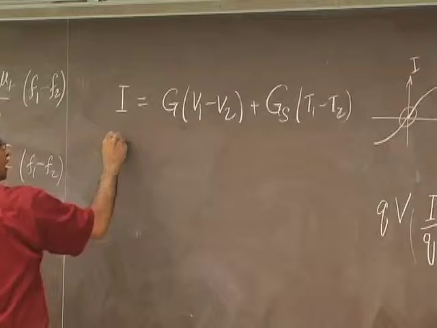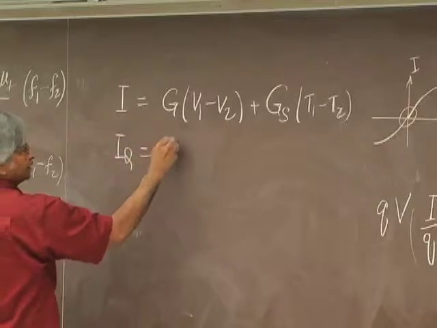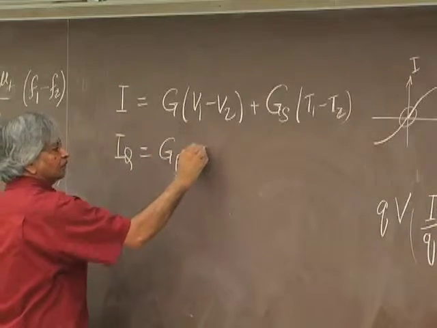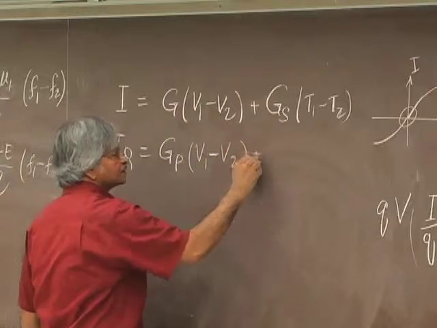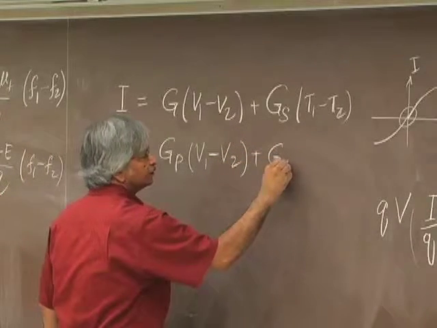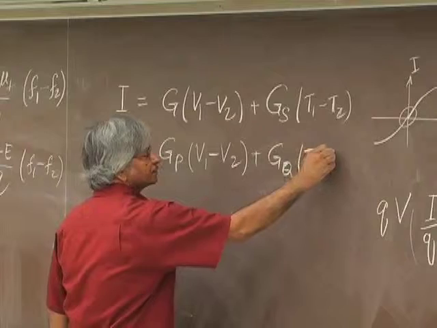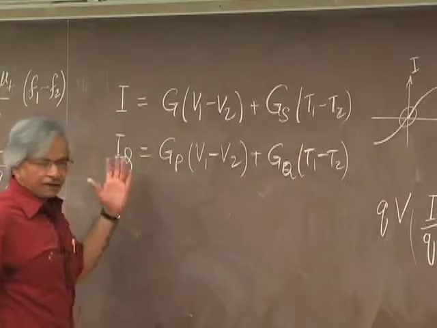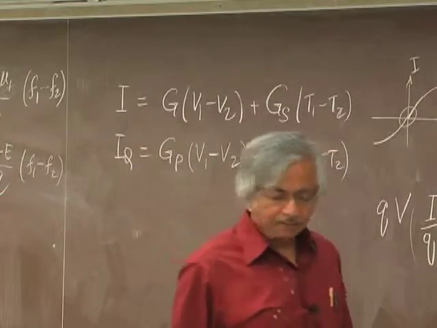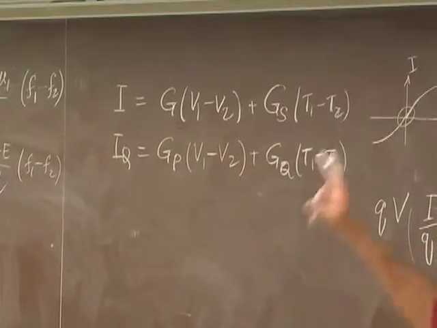And now with IQ, we can do something similar. Get a GP (V1 minus V2) plus GQ (T1 minus T2). You could take this current, expand it the same way, and you'll get all those coefficients.